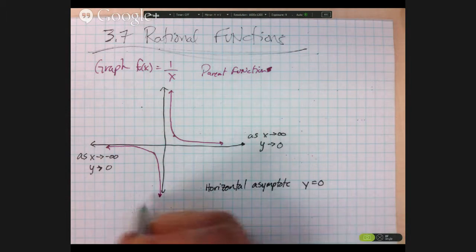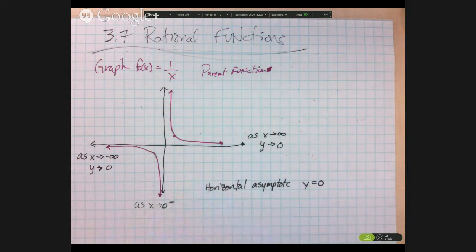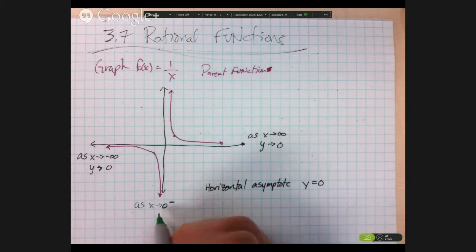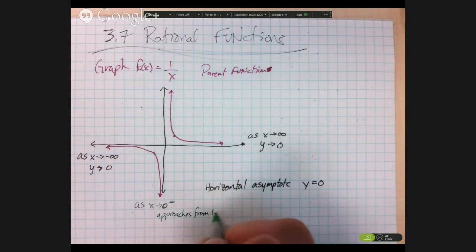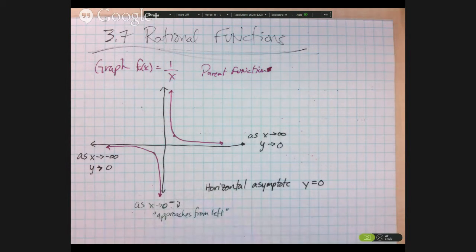And then we can also do as x approaches 0. Anybody know what that little negative means? Yeah, from the left. That's what the 0 or the negative means there. So we're approaching from the left or the negative side.